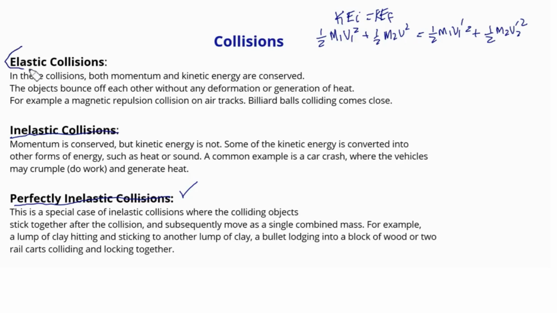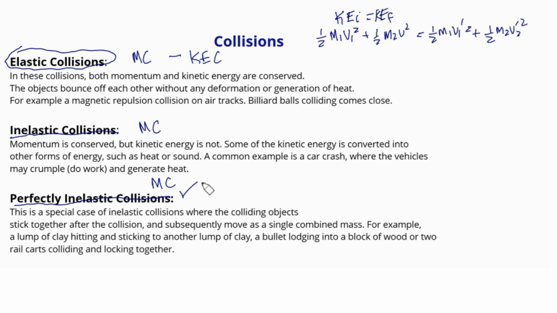It's just in the elastic one that both kinetic energy and momentum are conserved. So today we will look at perfectly inelastic collisions, and next lesson we'll look at inelastic collisions.